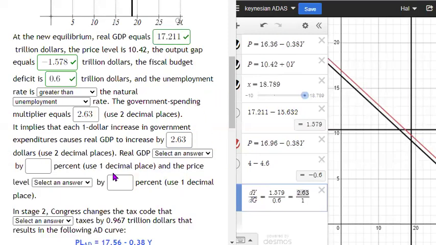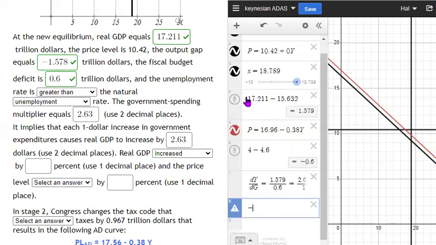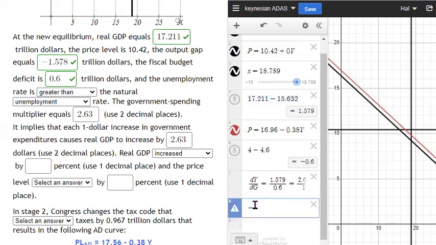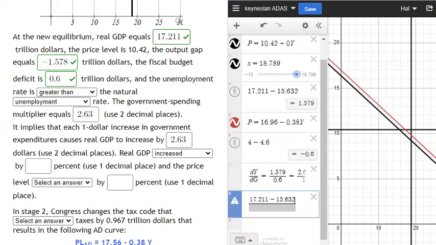Now we want to calculate the percent increase in GDP, right? GDP increased by what percent? GDP is 17.211. GDP was, prior to the increase in government spending, 15.632, right?